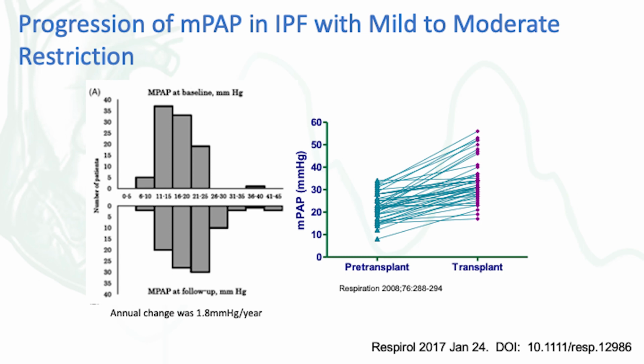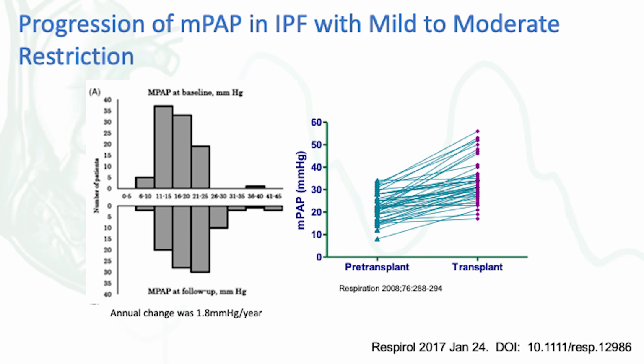And just like pulmonary arterial hypertension, this is a progressive disease, and then you develop right heart failure, and then you die. These are patients being evaluated for transplant who have a very modest increase in pulmonary pressure, but as they're being followed, they get swanned up in the whole bit.